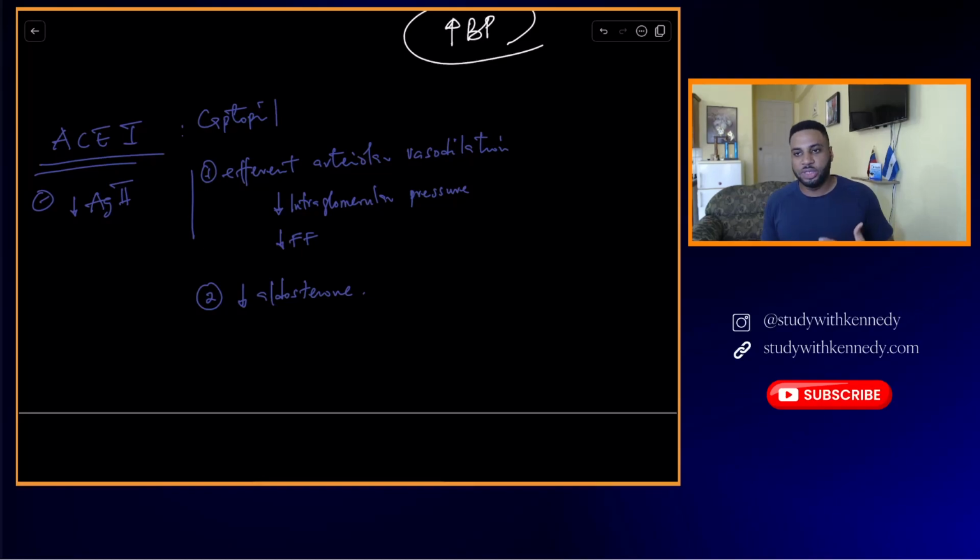If you have decreased aldosterone, what does that mean? You're not going to reabsorb sodium. You're going to have decreased sodium ion reabsorption, which can result in what? Hyponatremia.